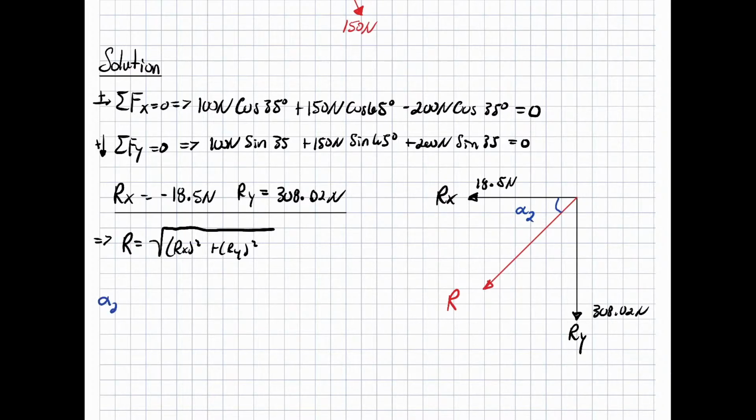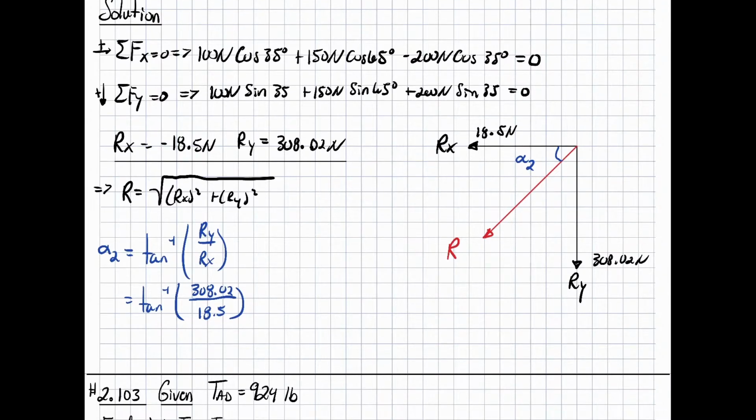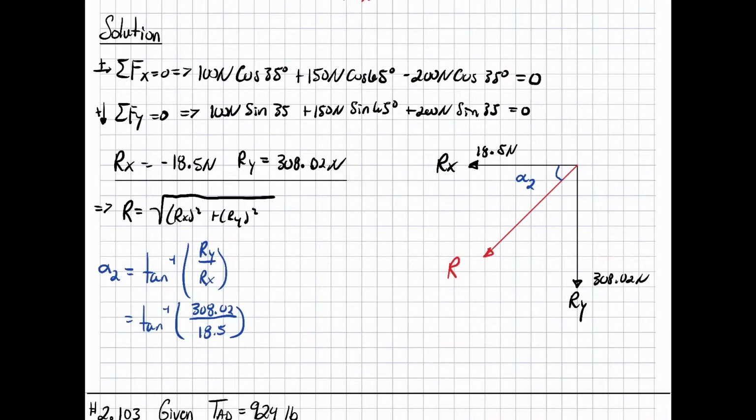So to get alpha 2, we just take the inverse tangent of Ry over Rx. So inverse tangent of 308.02 over 18.5. I'm leaving them as positive because the number would come out as negative degrees, which just means it's below the horizontal axis, so we already know that makes sense.